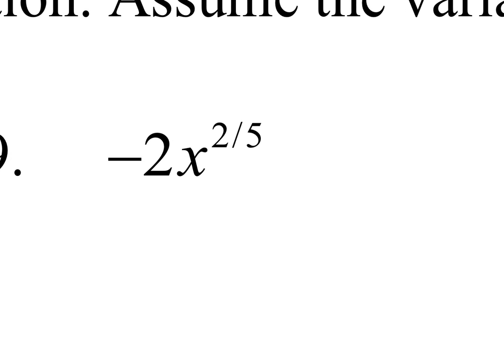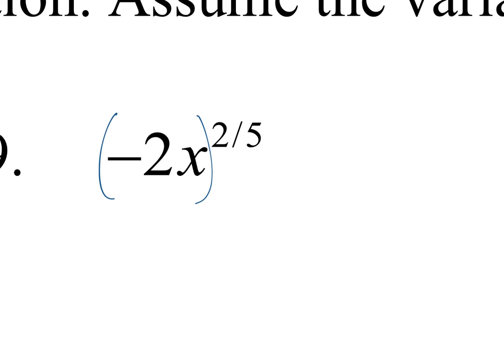Okay, with this one, notice the negative, this one doesn't have any parentheses, okay? So when it doesn't have any parentheses, I just assume that power is going to the thing that is right beside, okay? If it were going to be 2x to the 2/5, it would look like this, or if it were going to be negative 2x to the 2/5, it would look like that.